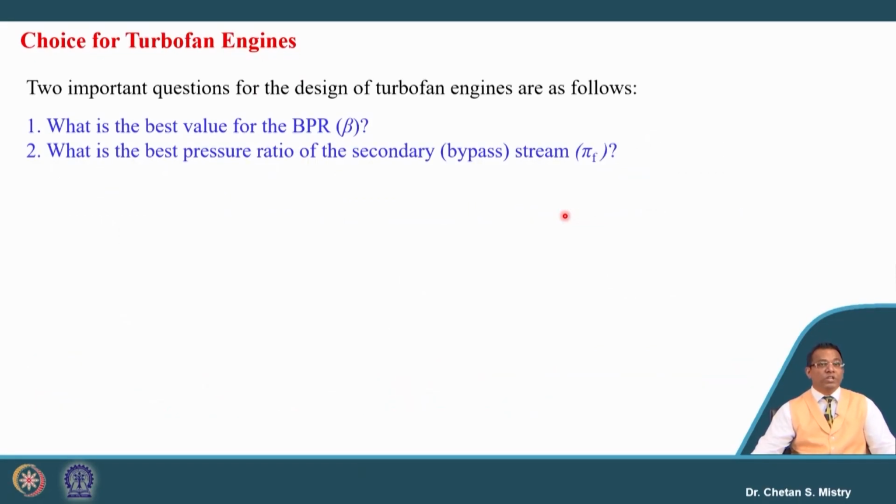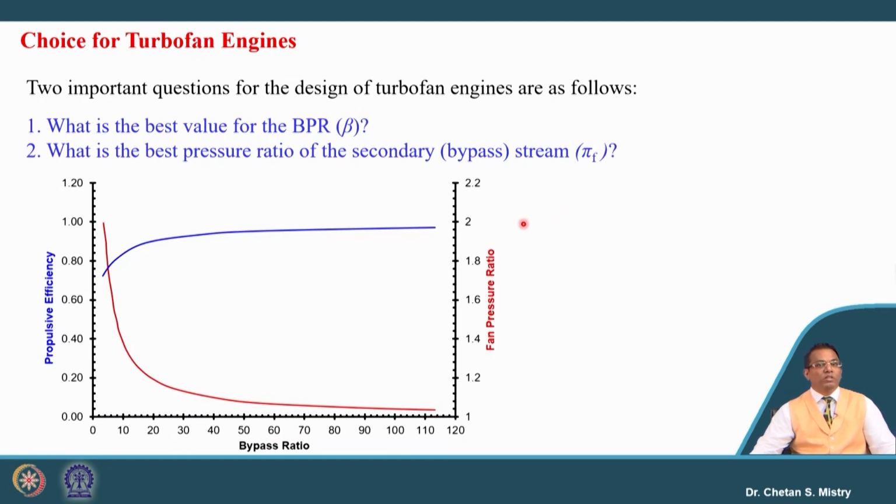Now, we have introduced one parameter called bypass ratio, second the fan, and we have discussed the pressure ratio of the fan. So, the question obviously will come: what will be the best value for the bypass ratio and what will be the best selection for the pressure ratio. Here this is representing the bypass ratio, propulsive efficiency and fan pressure ratio.